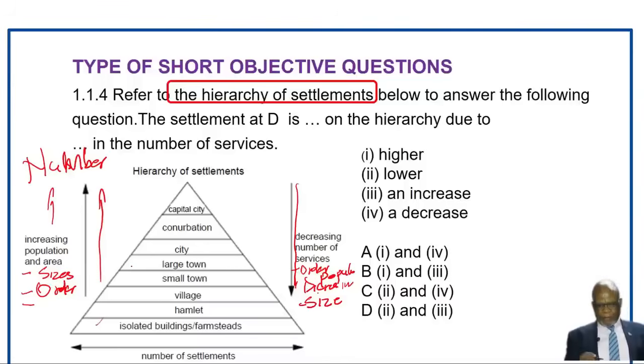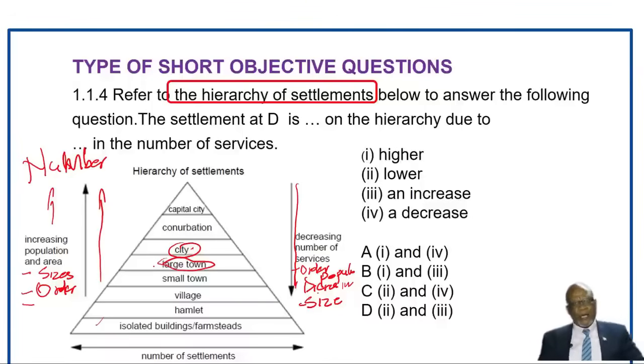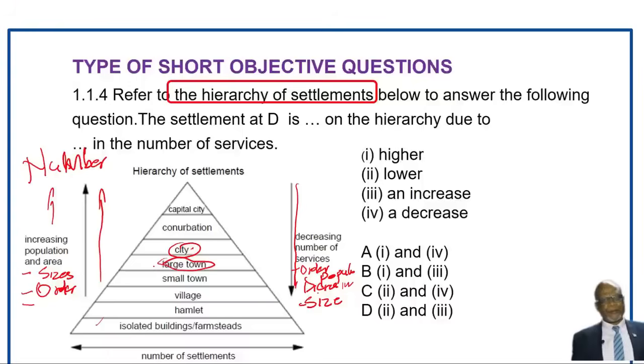What does it mean? It means you're going to find that there are fewer cities than large towns. So there will be more towns that come together to make a city, and more small towns that come together to make a large town. So the number of settlements decreases when you move up the ladder.